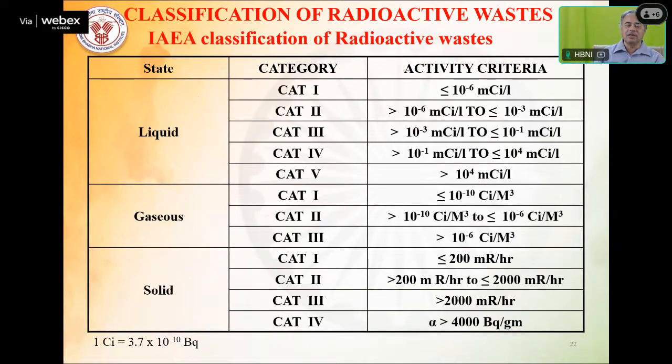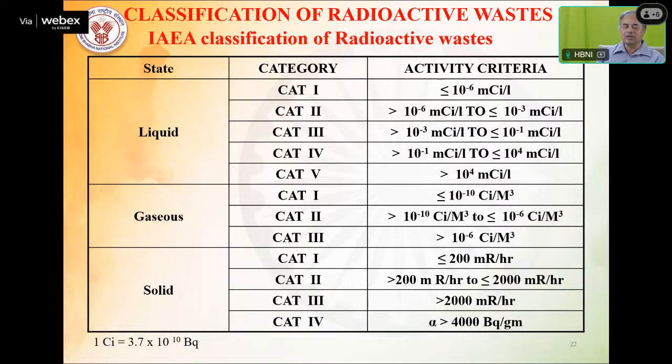Now this is the classification of radioactive waste. This classification is done by IAEA. So there are three states, as I had already mentioned: liquid, gaseous and solid. Then they are categorized as category 1 to 5 or category 1 to 3 and so on, as per the activity present.